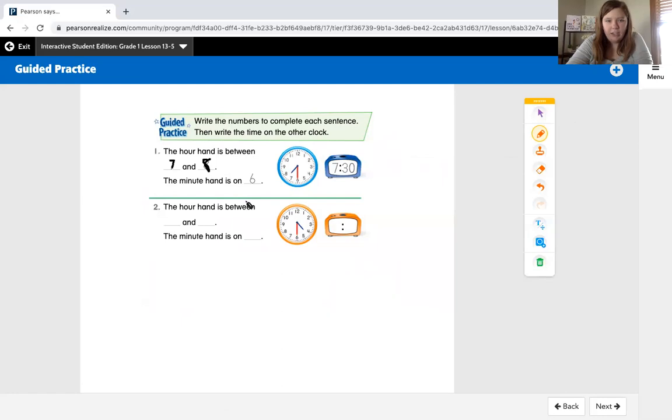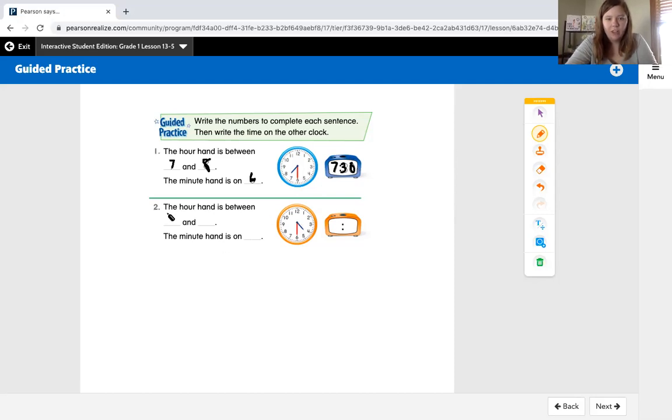Our long minute hand is pointing at the 6. We know that when our minute hand is pointing at the 6, it means 30 or half past. So the time is 7:30.